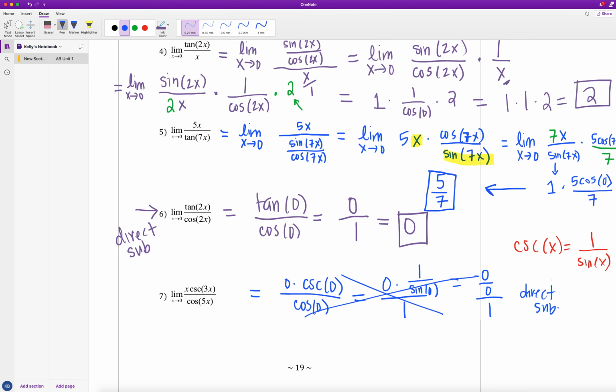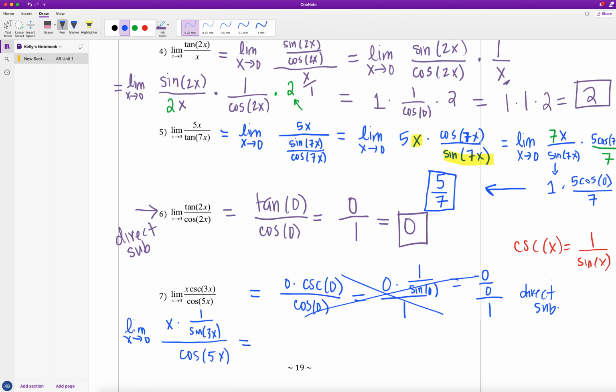The next route would be, well, let's go straight to the definition of cosecant, and let's start remanipulating these in terms of sine and cosine. So I have the limit as x approaches 0 of x times 1 over sine of 3x all over cosine of 5x.